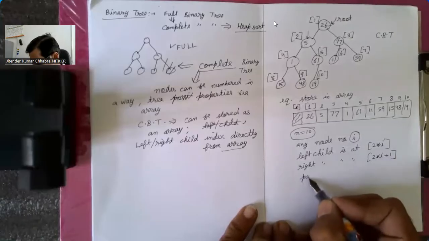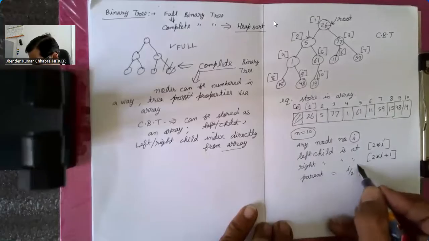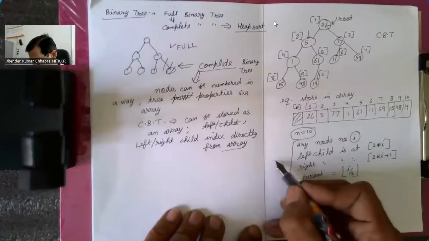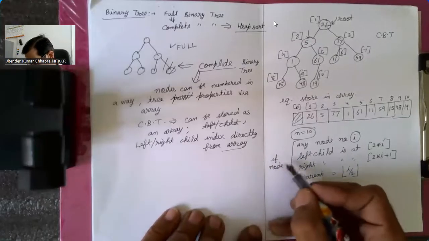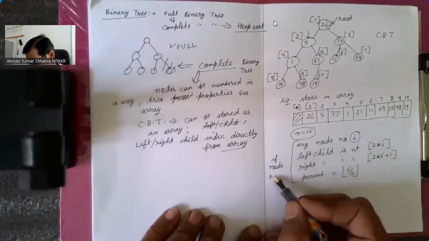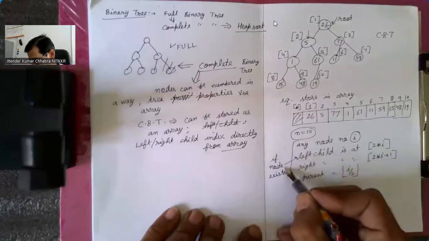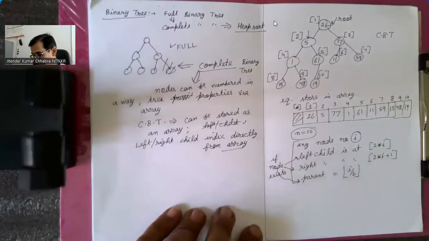And the parent is always at i by 2. The numbering has this advantage, of course, if the corresponding node exists. For example, if the left child exists, then it will be at 2i. If the parent exists, it will be at i by 2, etc.